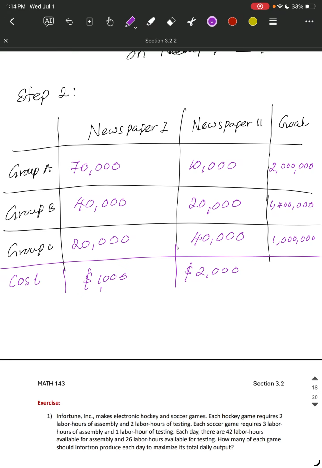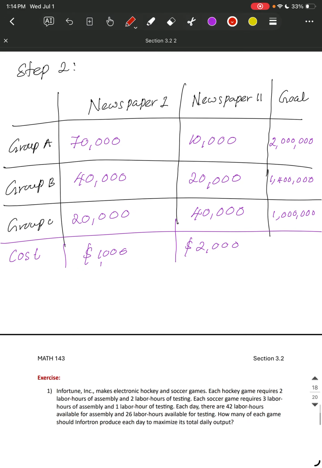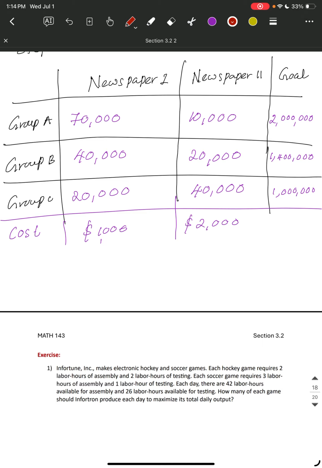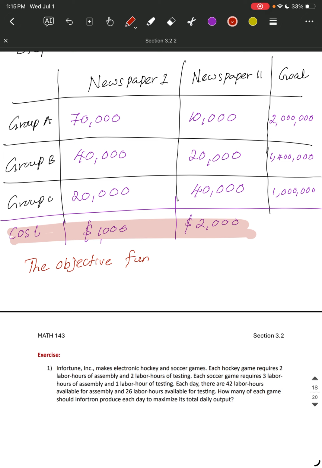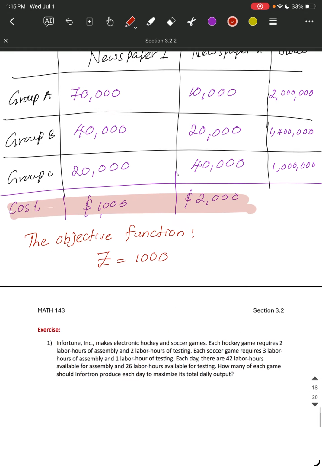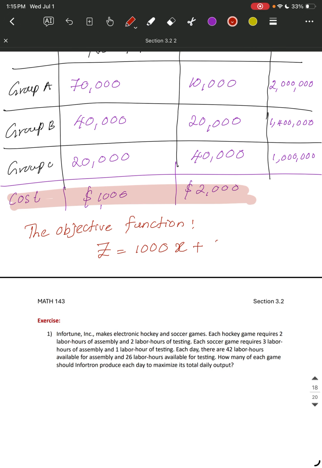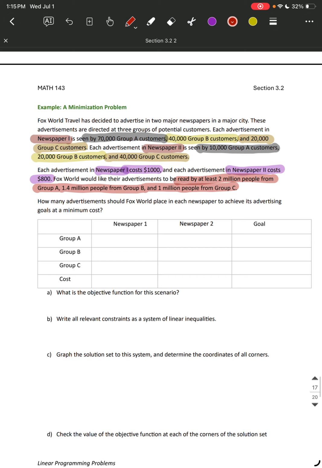Okay, let's define the objective function then. Using the last row here, we can easily define the objective function. We wanted to minimize the cost, 1,000x and 2,000, sorry, 800, right?